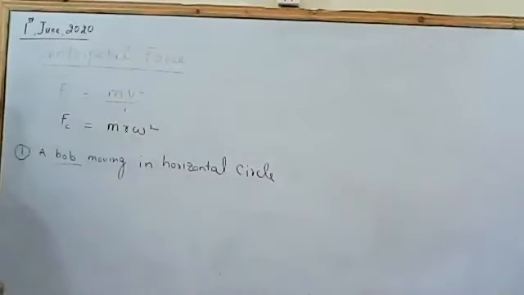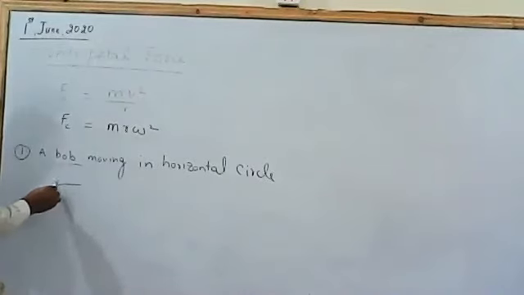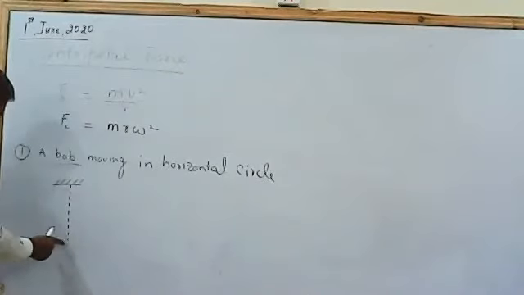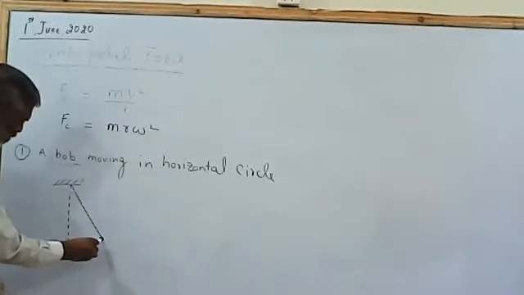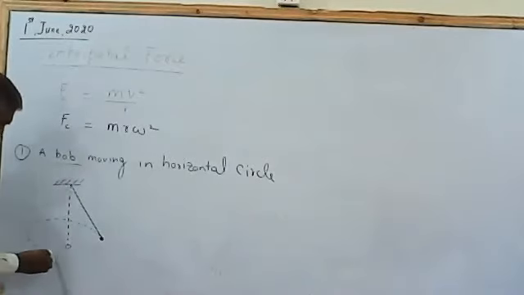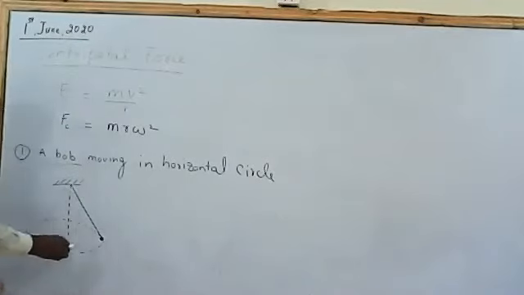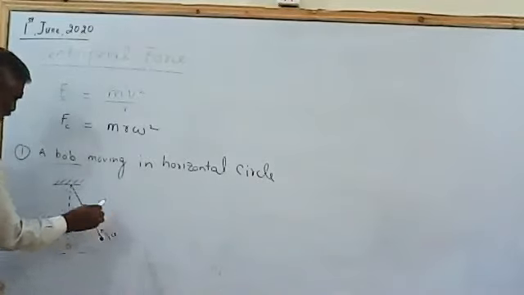A pendulum bob. For example, if initially it is here, if I move it to this position and then I push it away from me, it starts moving in this manner with a certain speed v.